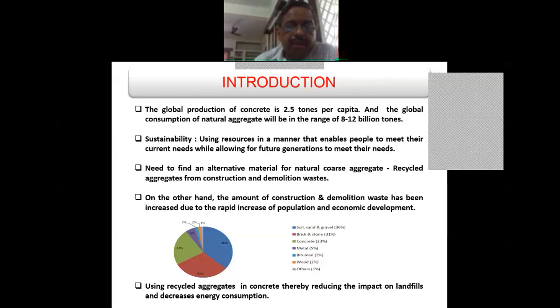A lot of studies have been conducted on using recycled aggregate concrete, and it can be used as a material in concrete. It can reduce the impact on landfilling and decrease energy consumption in the future.